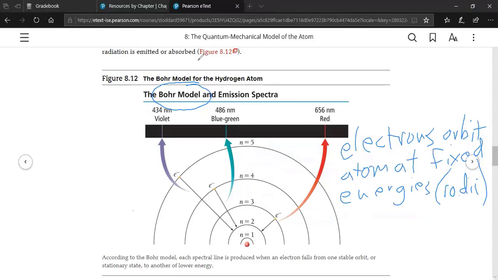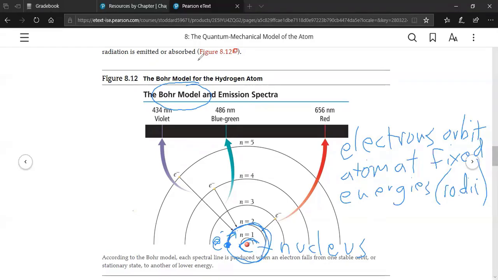So each of these lines right here, first, this is the nucleus of the atom, right down here. And then each of these lines represents an orbit that the electron can have. So imagine this first line right here represents an electron that's moving in a circle, going around the atom in a circle like that.